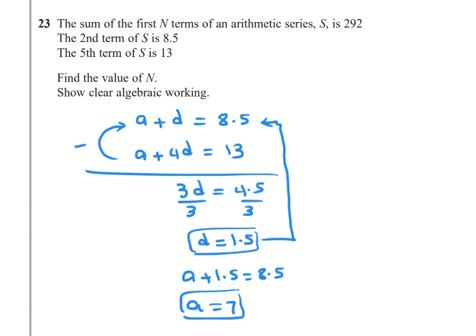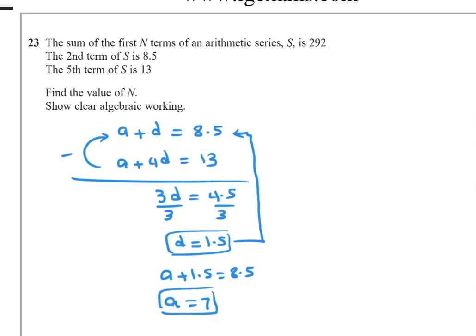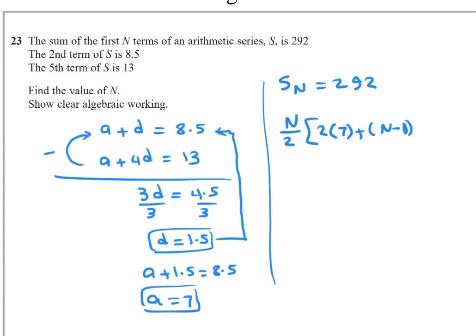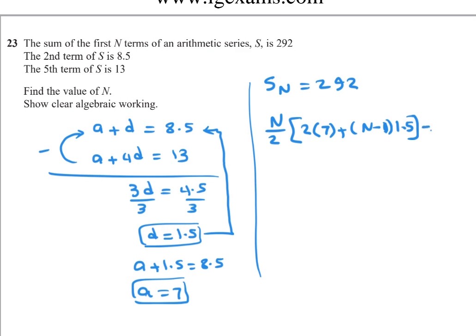So to find n, it's given to you that Sn equals 292. Sn means n over 2 into 2a, so 2 times 7, plus n minus 1 into d, which is 1.5, equals 292.